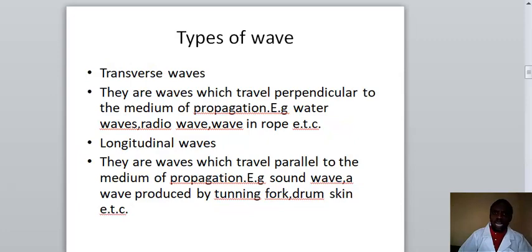Another thing we are going to look at is the types of waves based on movement. We have transverse waves. Transverse waves are waves that travel perpendicular to the medium of propagation.